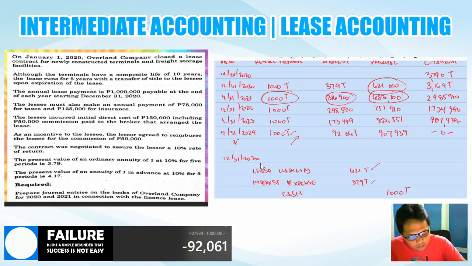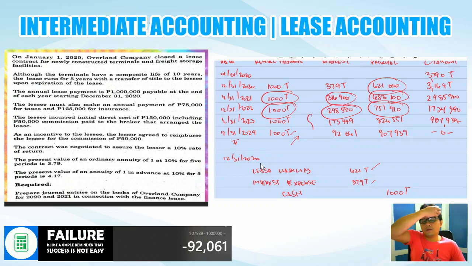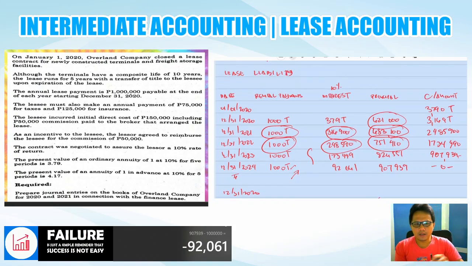In 2022, lease liability 751,410, interest expense, cash, and so on. So the concept is quite easy, no? What is important is that we comprehend, understand, and know how to make the effective interest schedule. Okay?